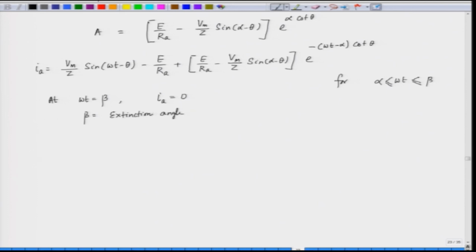Extinction angle of the converter. At omega t equal to beta, the current again comes down to 0, because we have negative voltage.